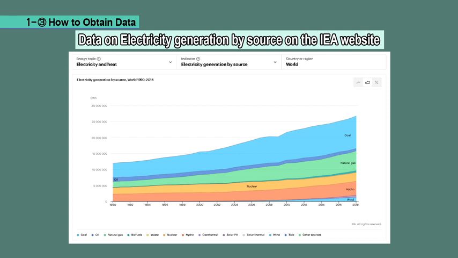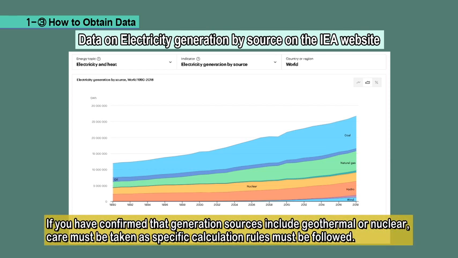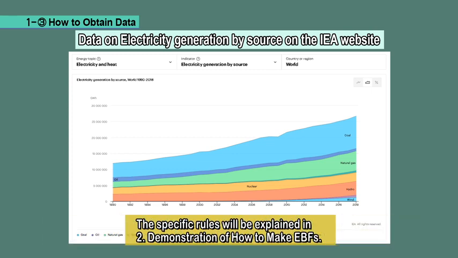You can complete the EBF based on this information. If you confirm that geothermal or nuclear power generation is included, take due care because there are specific calculation rules for them. I will explain the rules later in the demonstration section.